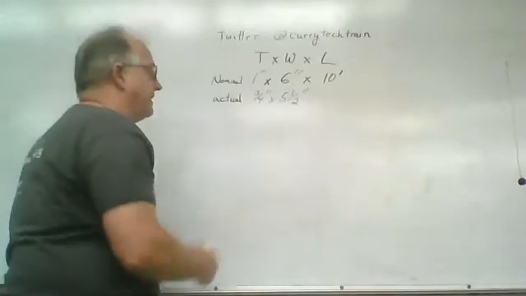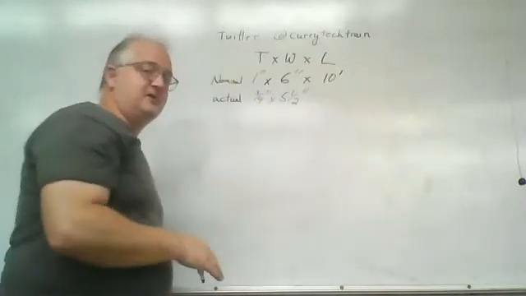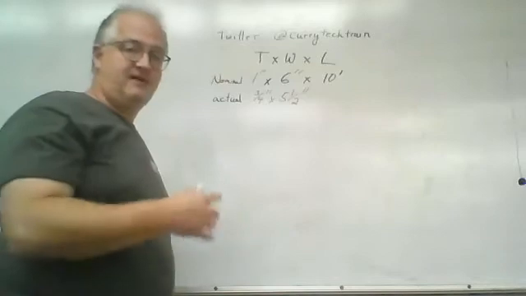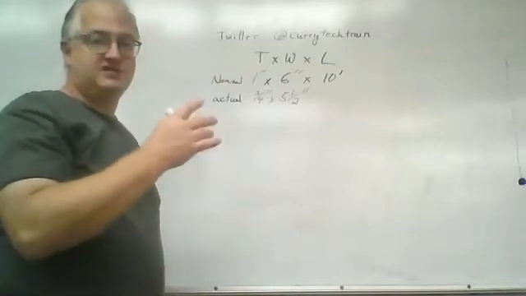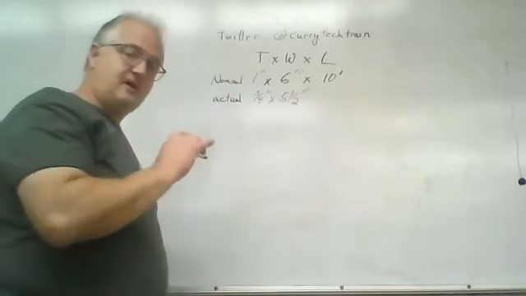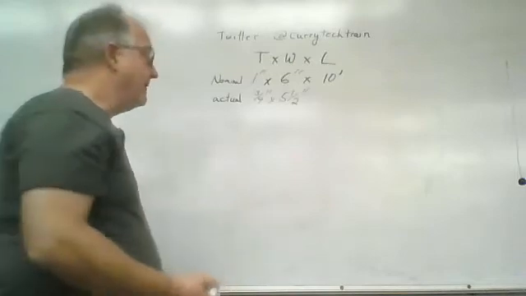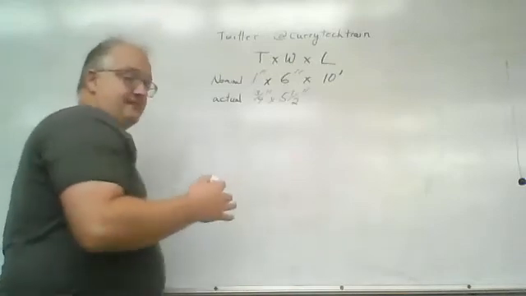And that's what we got. So thickness by width by length. We'll never refer to it as 8 foot by 2 foot by 4 foot or 4 inches by 3 inches by 20. It's always going to be your thickness first, followed up by the width, and then the length. So you have to be aware of that.